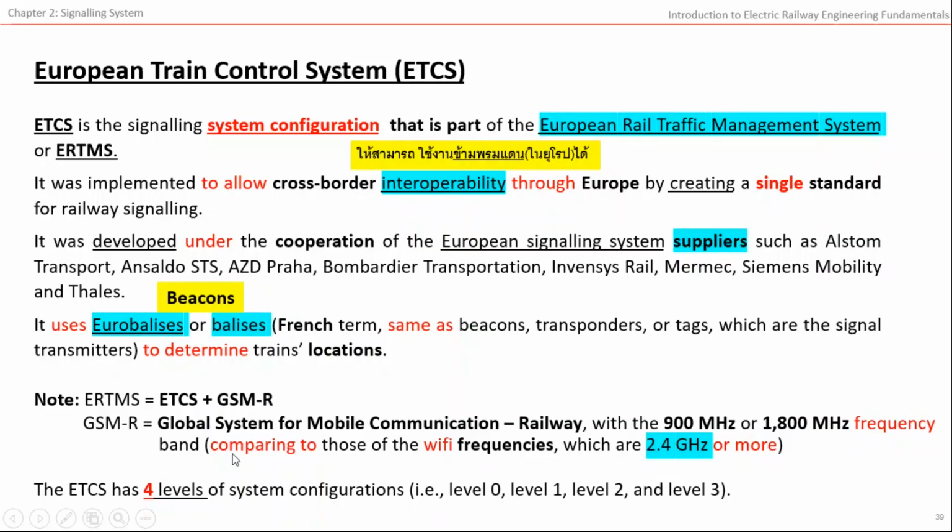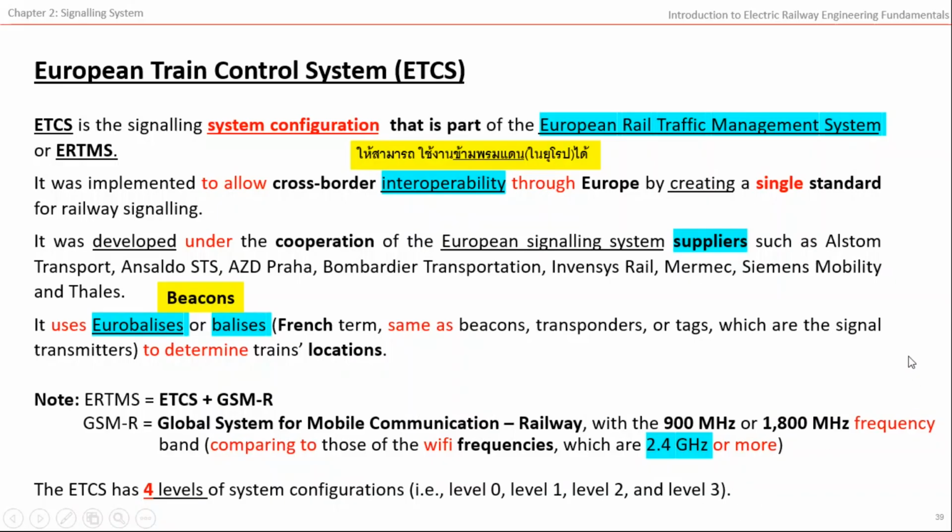We can compare those to the Wi-Fi frequencies, which are 2.4 gigahertz or maybe 5.8 gigahertz. So one can imagine that transferring data using Wi-Fi signals would be better. And the ETCS has 4 levels of configuration, namely level 0, level 1, level 2, and level 3.